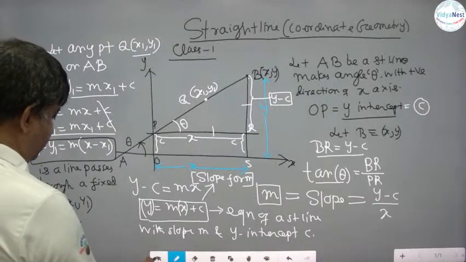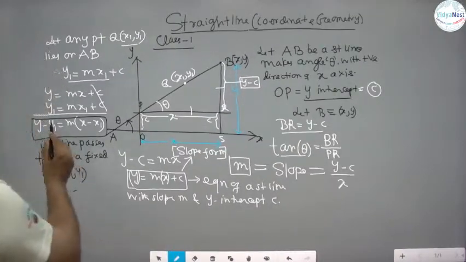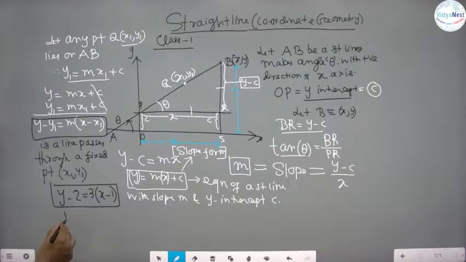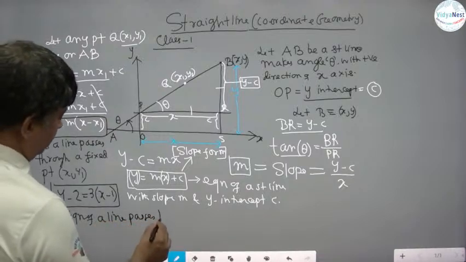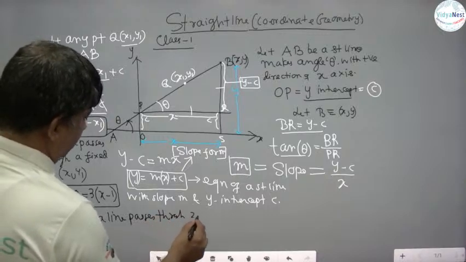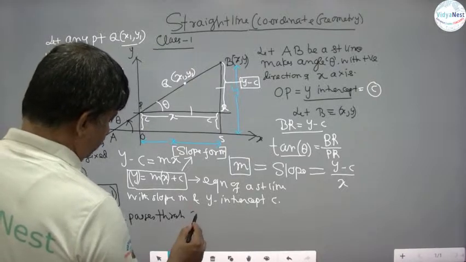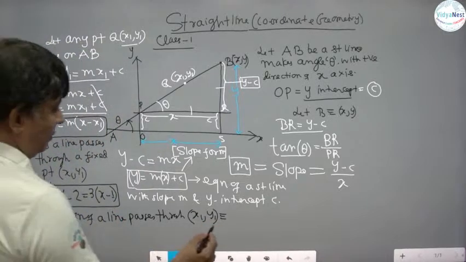For example, if you get an equation of this type, you compare: x1 is 1, y1 is 2.